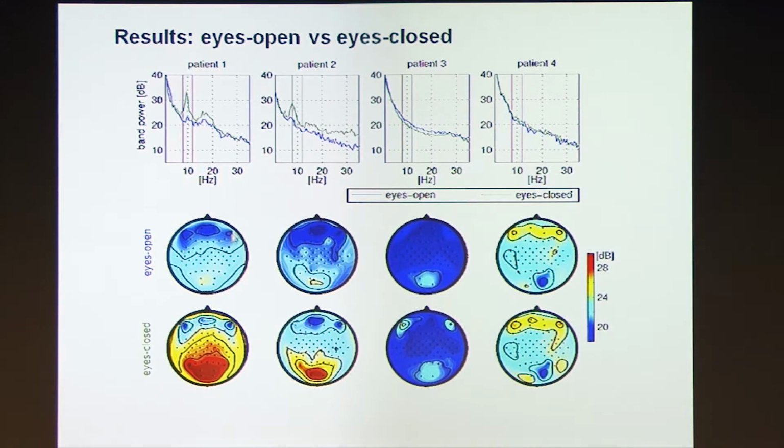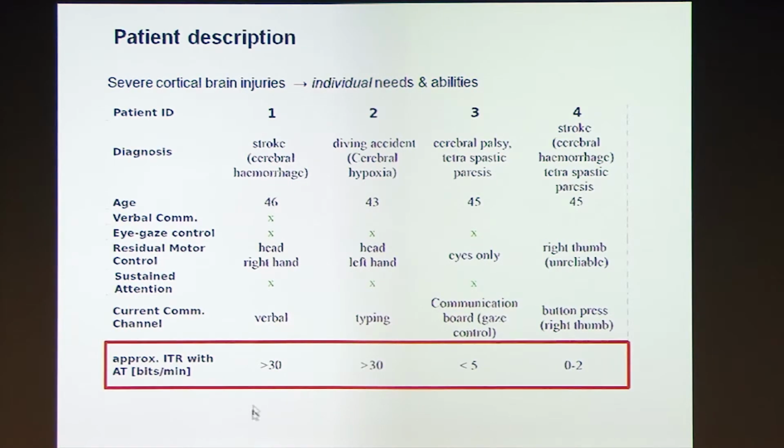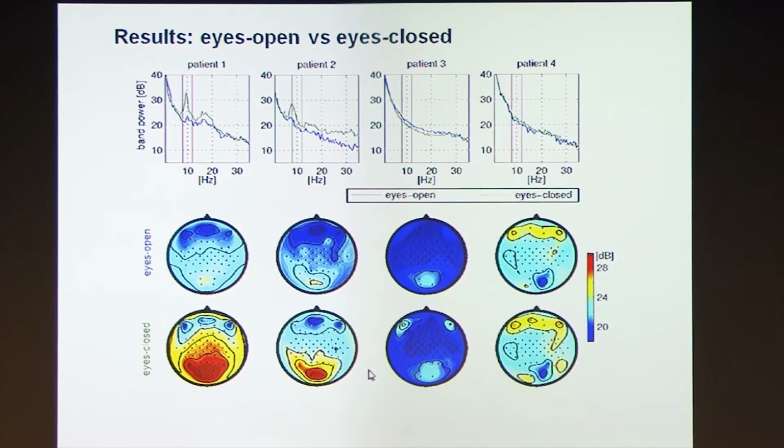Okay, so there's something that I would like to show you. Patients are seriously ill people. You see here the band power for one patient, where there's a nice knob in the alpha band and the beta band. This is quite normal. This is another patient, one of those that can still communicate with more than 30 bits per minute.